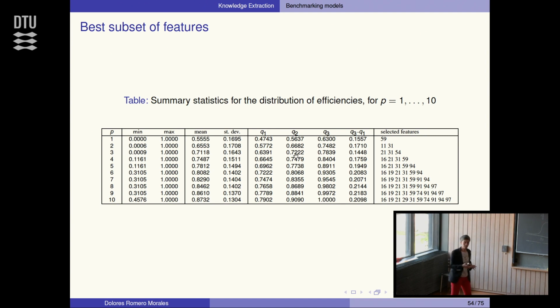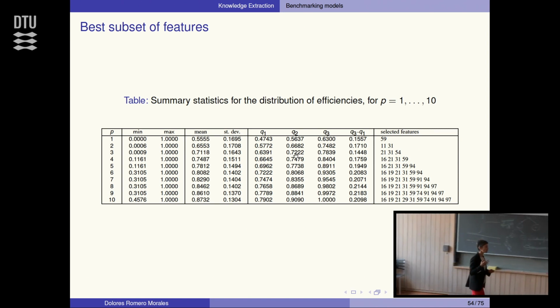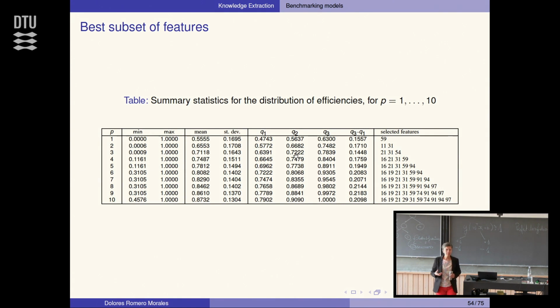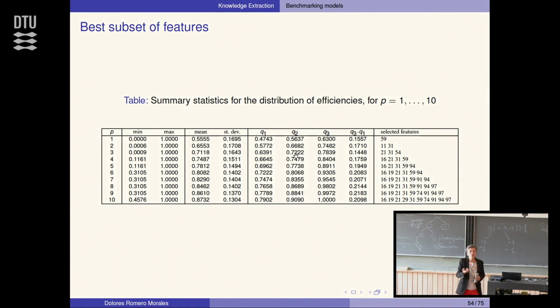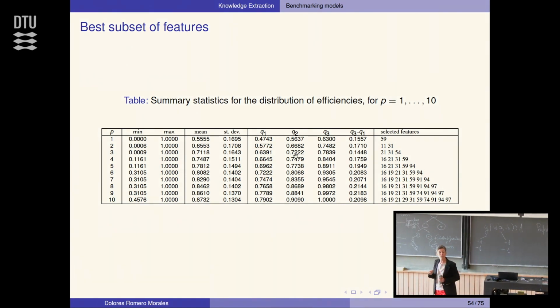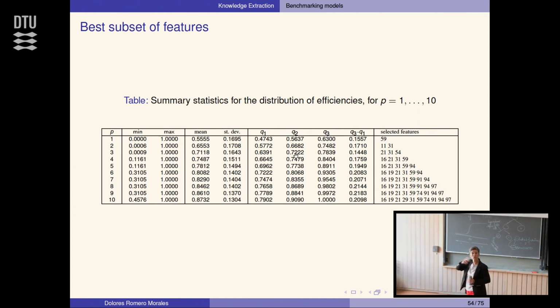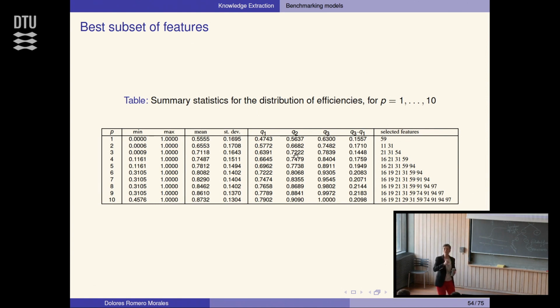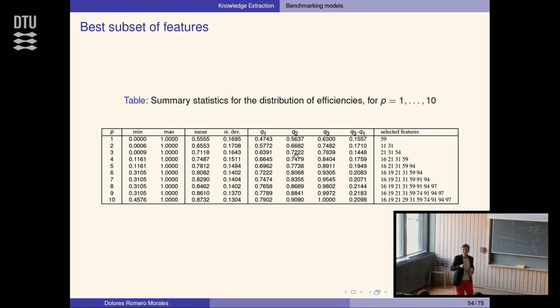This is the most important part for my colleague. My colleague basically needs to extract the very, very relevant features. What he was trying to do is do this in advance. If you end up doing this in advance, you again lose the information that your benchmarking model is giving you about efficiency.